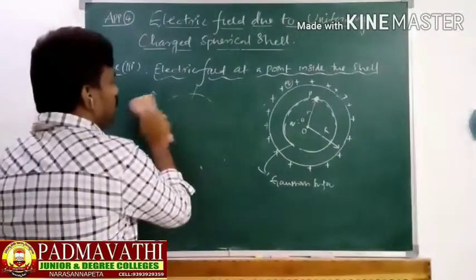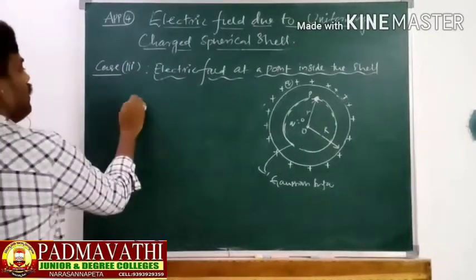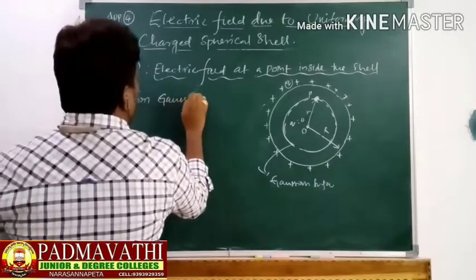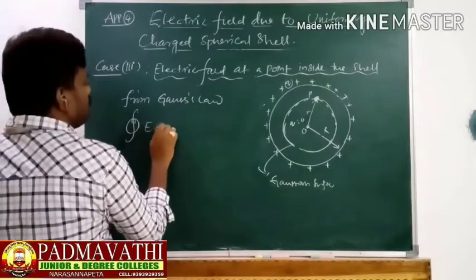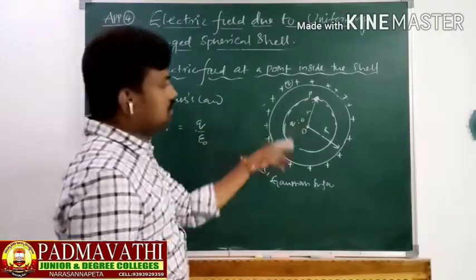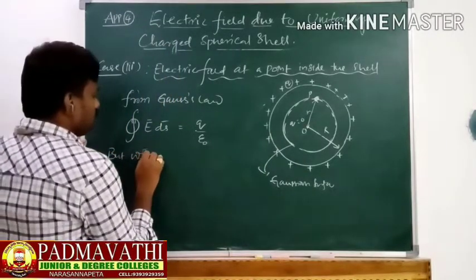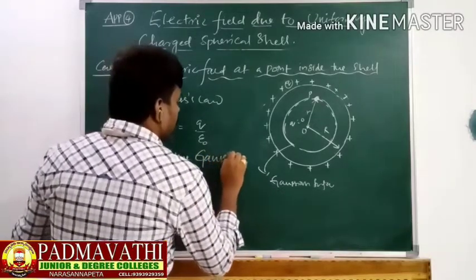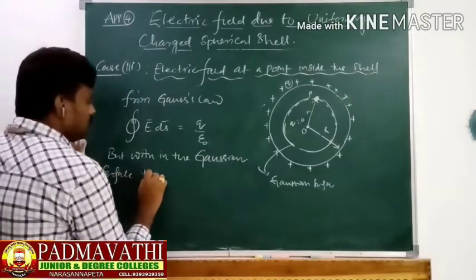So now, as there is no charge, from Gauss law we can write the integral over a closed surface of E bar dot ds bar is equal to Q by epsilon naught. But within the Gaussian surface there is no charge.